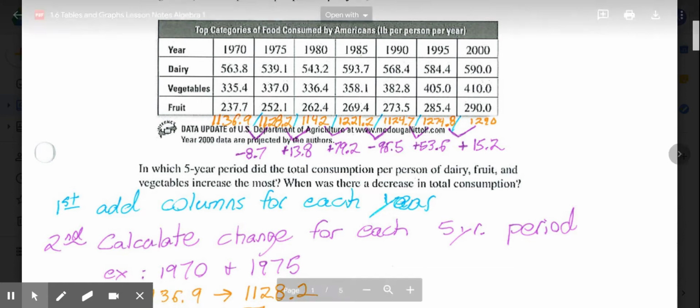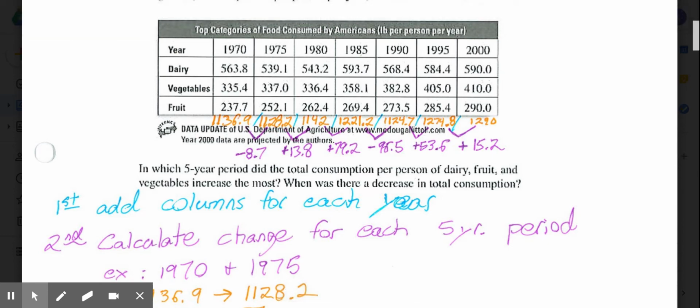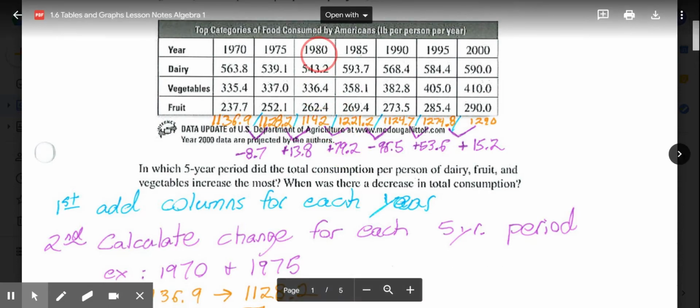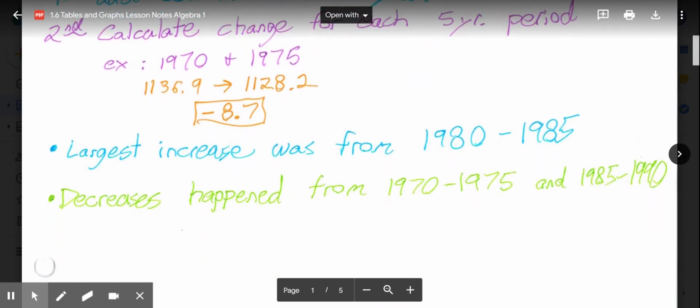So then for part A, it's asking which 5-year period had the largest growth. So I'm looking for the largest positive number out of these purples, which would be 79.2, and that was from 1980 to 1985. So our largest increase was from 1980 to 1985.